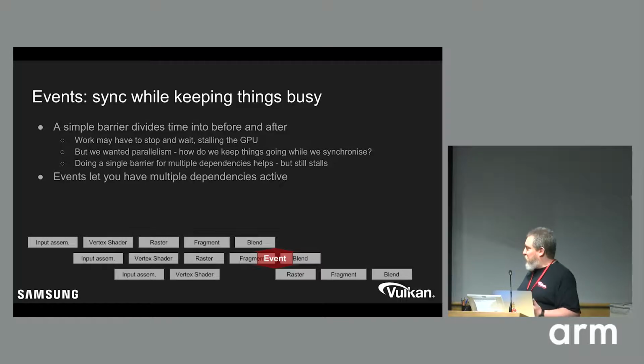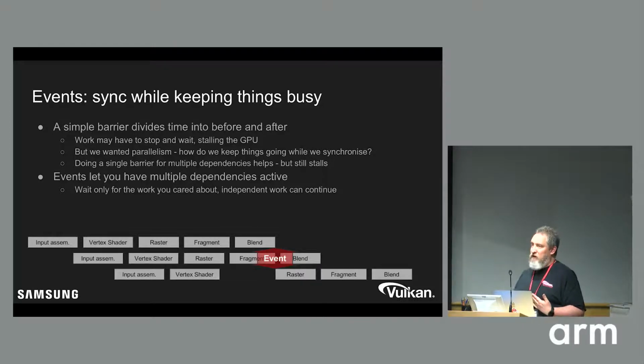So events let you have multiple dependencies of this type active, and you can think of them as a request that goes into the pipeline and then something that waits for that request to pop out of the pipeline once work has reached a certain stage. So you should only block on work that you actually need to have complete, and you can be having incomplete, unrelated work executing in the meantime.